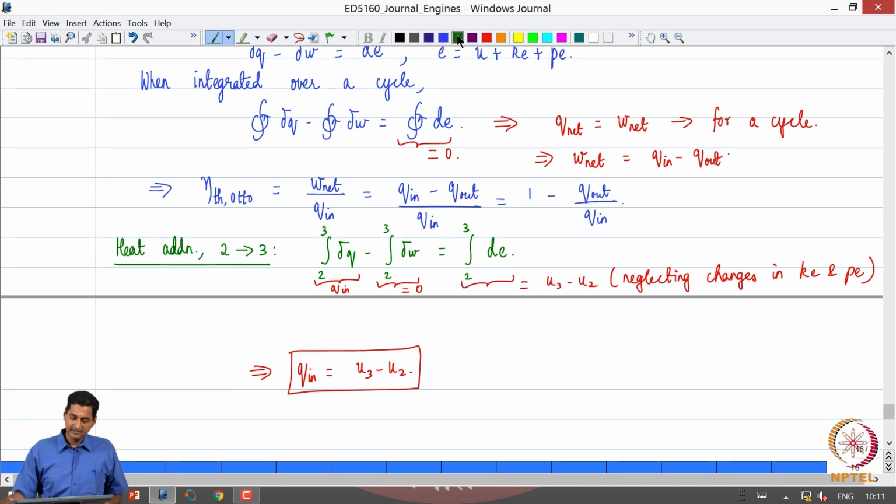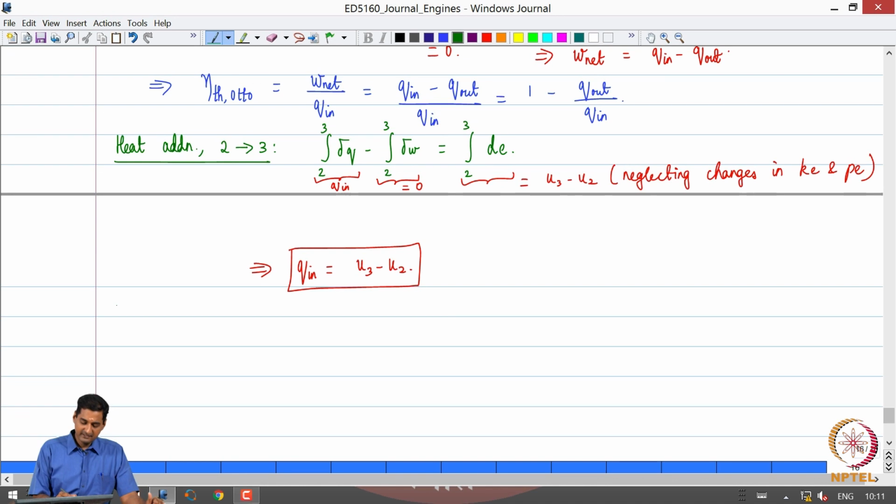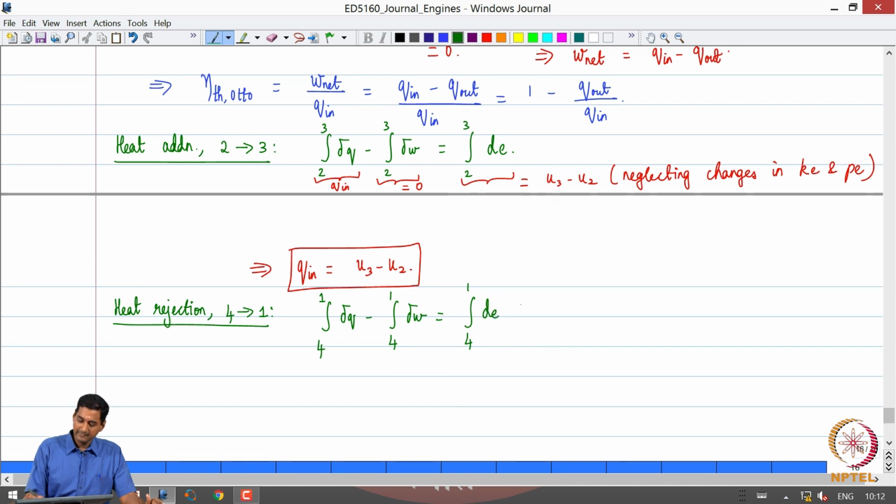Similarly, I can consider the heat rejection process, that is from 4 to 1. So, doing the same analysis from 4 to 1, we are going to get Q out to be equal to U1 minus U4.